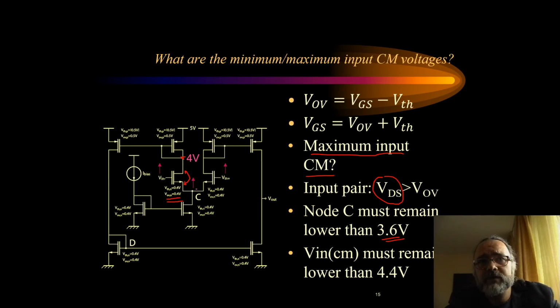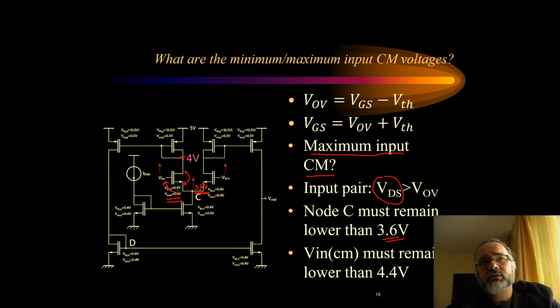If this node C gets higher than 3.6 volts, this means that the drain source voltage becomes smaller than the overdrive voltage and this transistor goes out of saturation. So maximum this should be 3.6 volts. Now, if this can be only 3.6 volts, the maximum value of the common mode voltage can be calculated through the gate source voltage of this transistor.